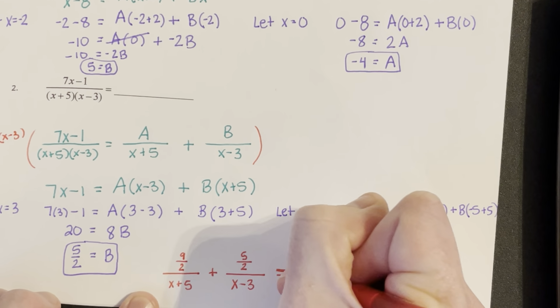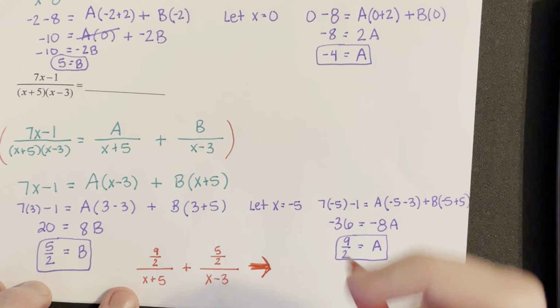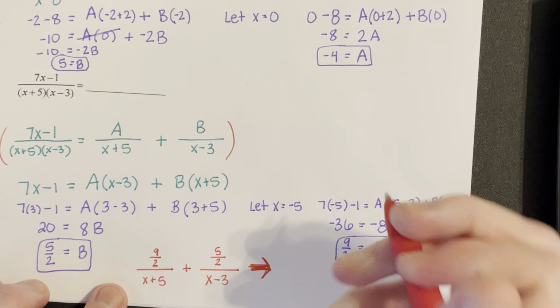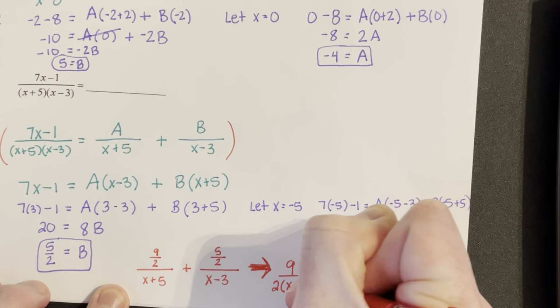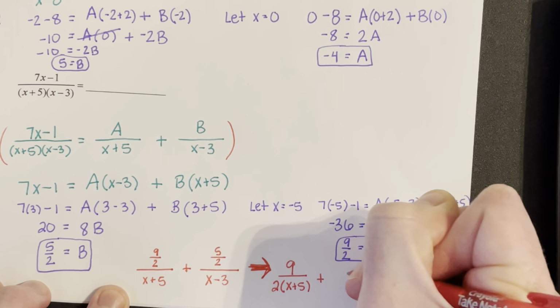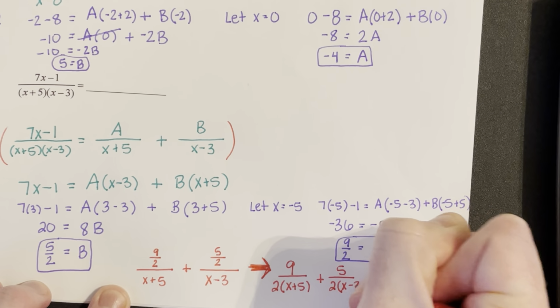And then we have to simplify this further. All right. So algebraically, what's going to happen is that 2 is going to end up in the denominator. So it's going to say 9 over 2 times x plus 5 plus 5 over 2 times x minus 3.